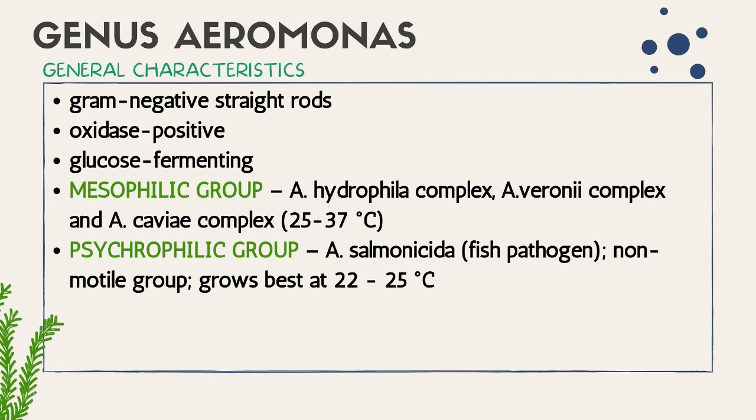So now let's head over to another miscellaneous enteric pathogen, and that would be the genus Aeromonas. So Aeromonas are gram-negative straight rods, oxidase positive, and are glucose fermenters just like your Vibrio species.